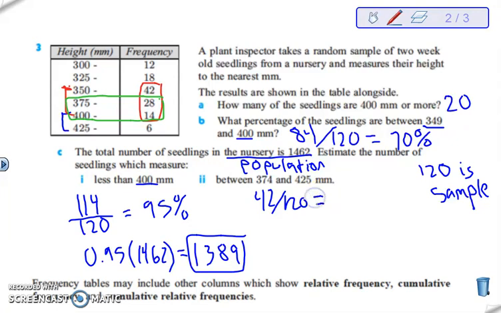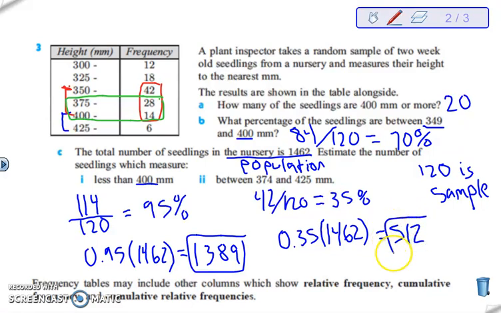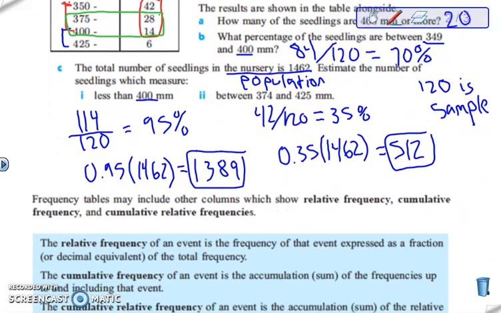It's 35%. So if I do 0.35 times the total population, it should give me my estimate. So it's going to be about 512.